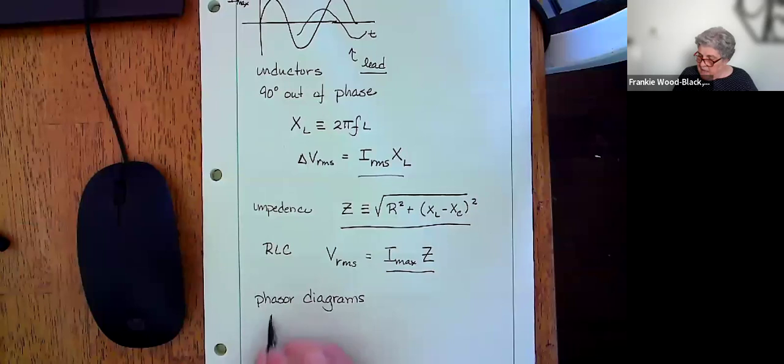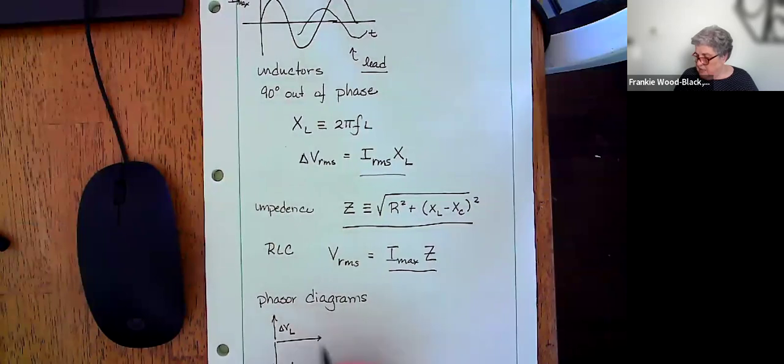And if I look at my delta V related to my inductor, my delta V related to my capacitor, and my delta V related to my resistor, this is for resistors.